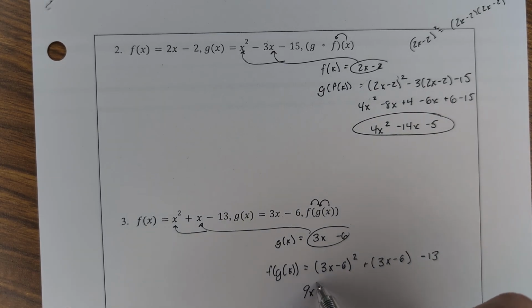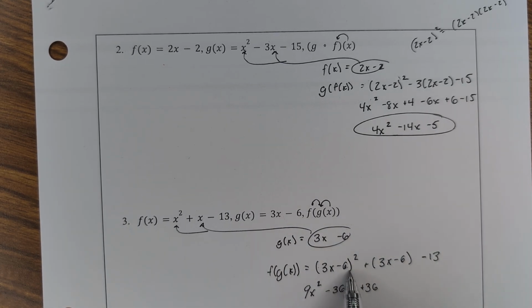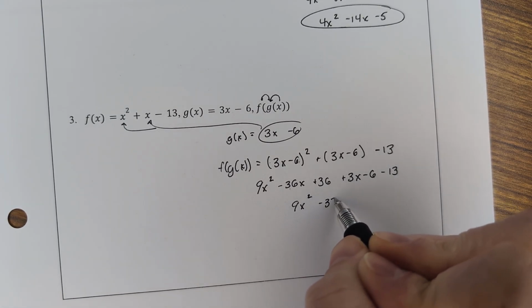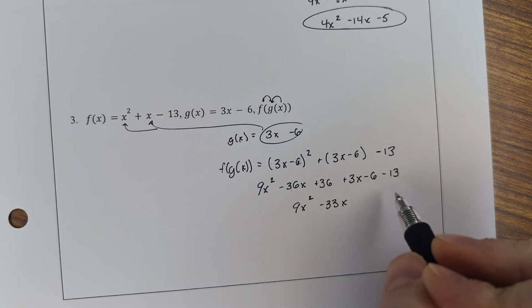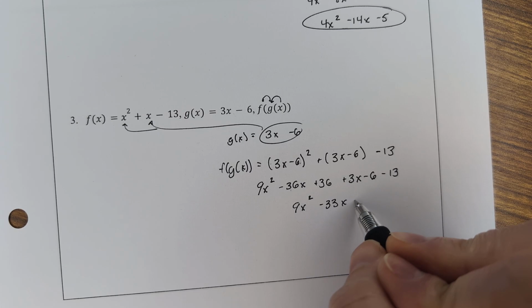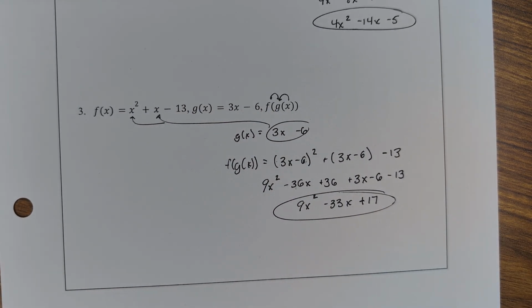So that's going to be 9x squared, then multiply together to get negative 18 and double, so negative 36x in the middle, plus 36. And then over here, those parentheses don't really matter because there's nothing to distribute, so they can just go away. Then combine like terms: 9x squared minus 33x. 36 minus 6 would be 30, minus 13 would be 17. So that would be my final composite function.